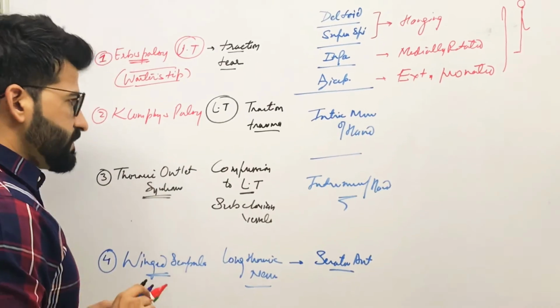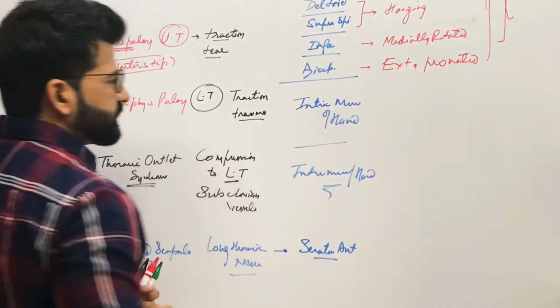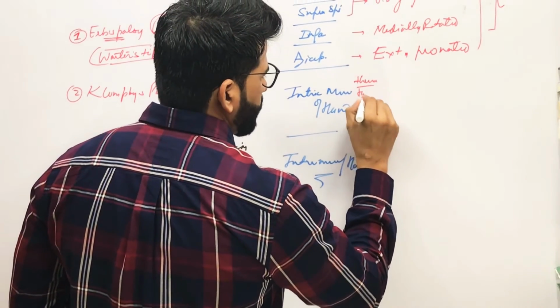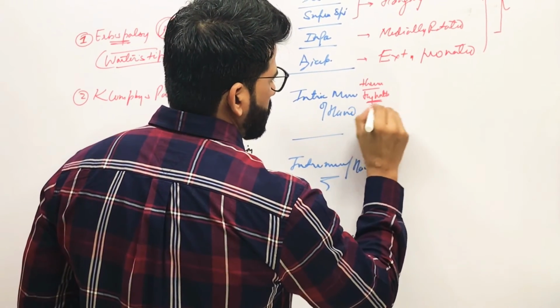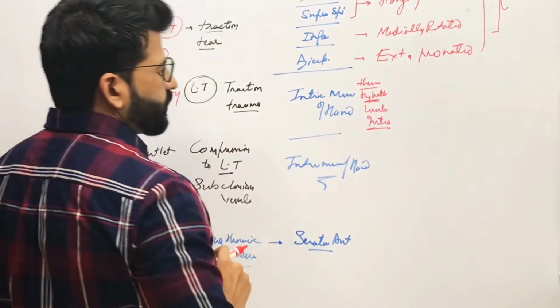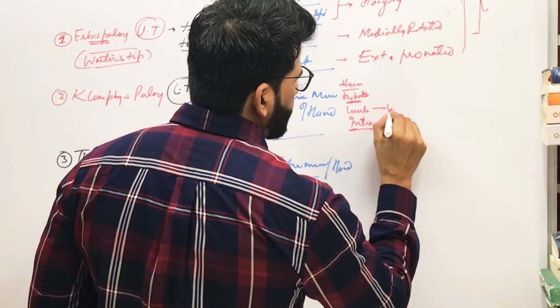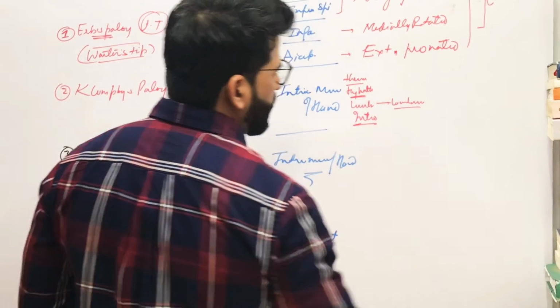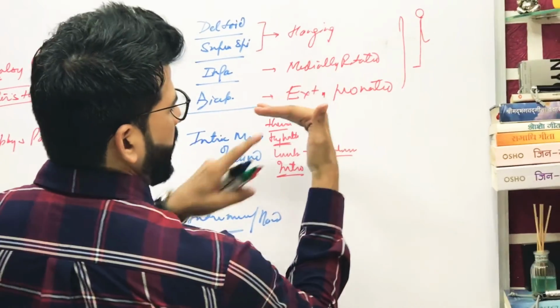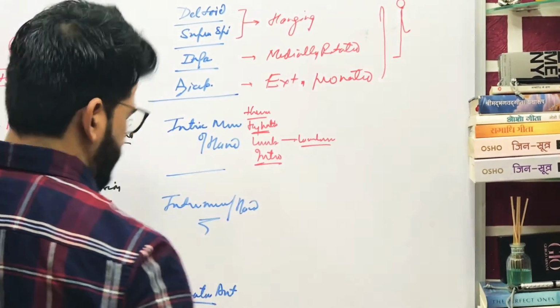Next is Klumpke's palsy. Intrinsic muscles of the hand include the thenar, hypothenar, lumbricals and interossei. Our point of concern here is the lumbricals. The lumbricals flex the metacarpophalangeal joint and extend the PIP and DIP.